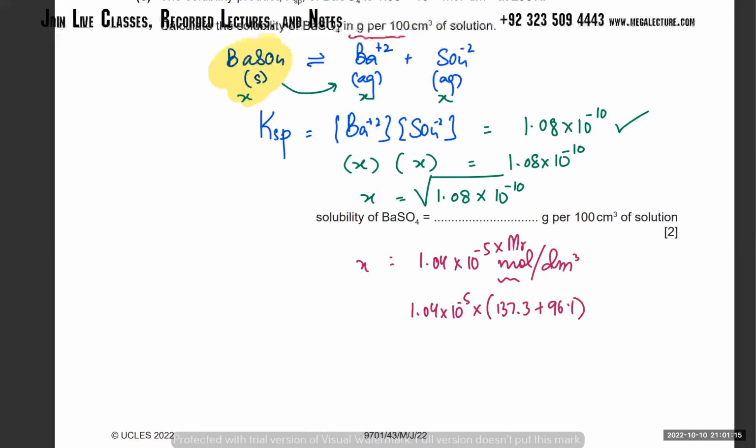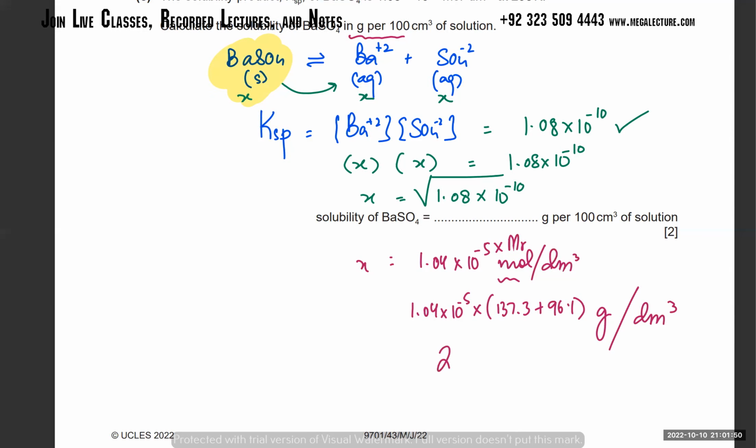First tell me what the mass is. Okay, sir. And what do we get for this? Barium is actually 137.3 plus sulfate, so that's 32.1 plus 4 times oxygen, 16. Yeah, that's 233.4.